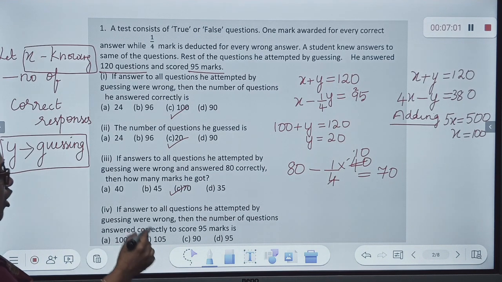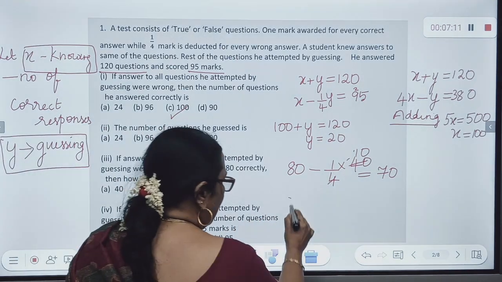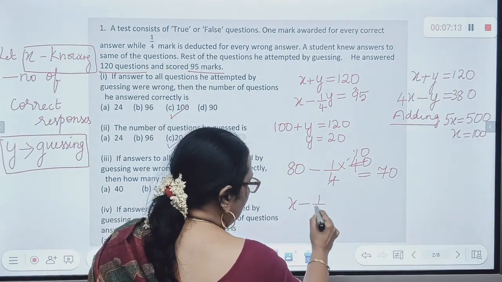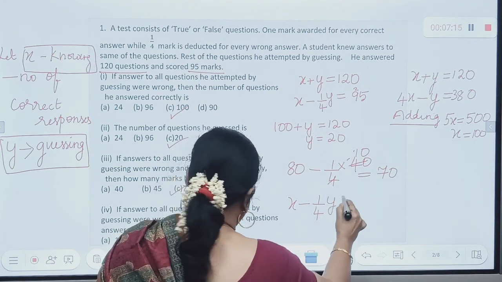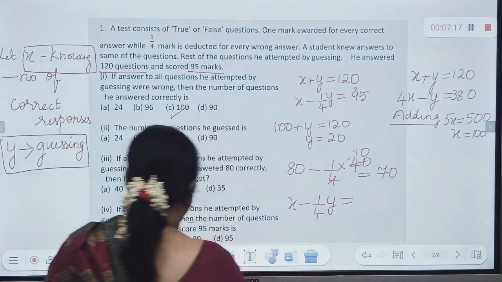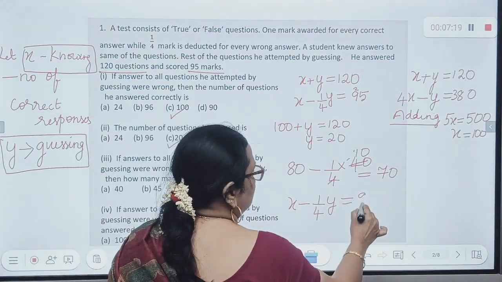If answer to all questions he attempted by guessing were wrong, and the number of questions answered correctly is to score 95 marks, that is, x minus 1 by 4 into y, he has got 95 marks.